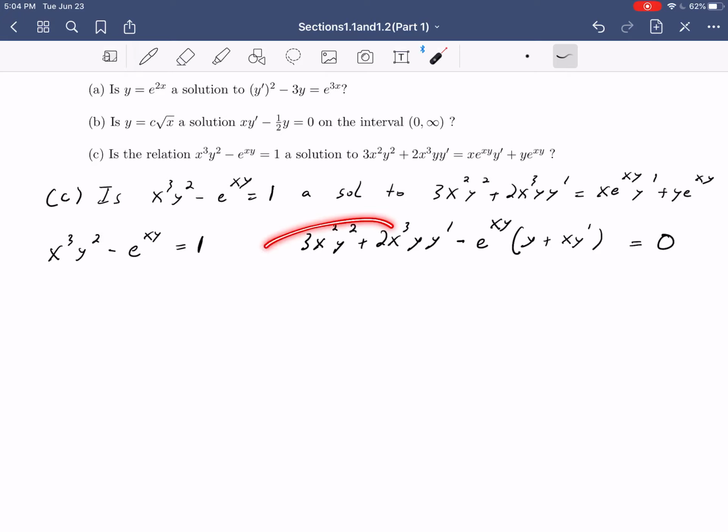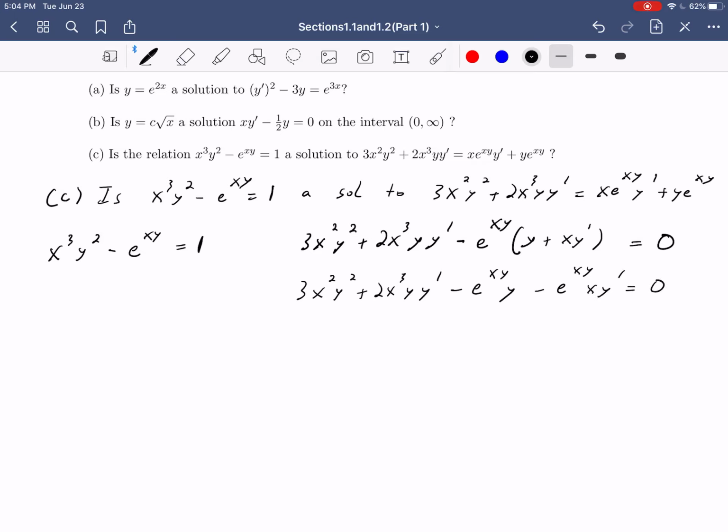All right. What can we say with this? I suppose we could try to solve for y prime there. So it looks like we get 3x squared y squared plus 2x cubed y prime minus 3xy minus e to the xy prime. And then we could gather some of this stuff onto the other side.